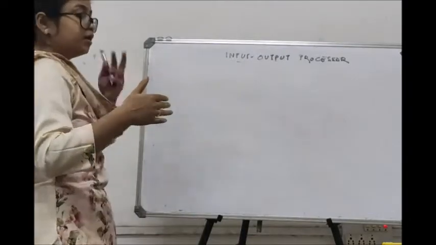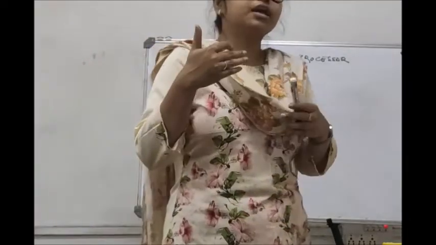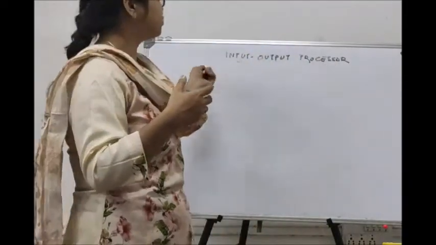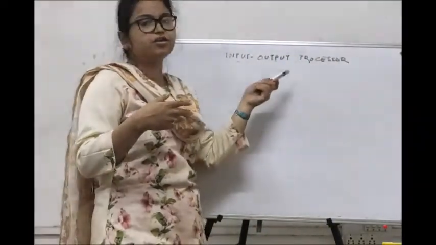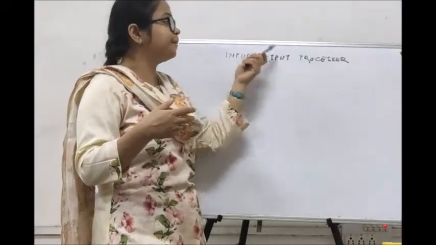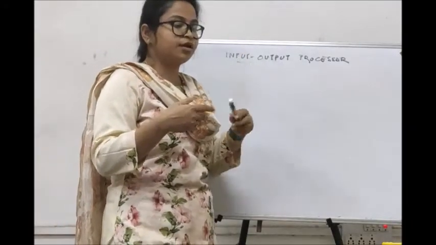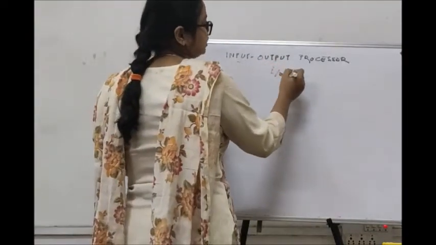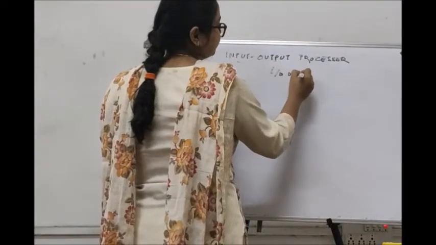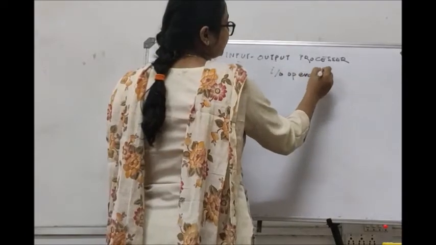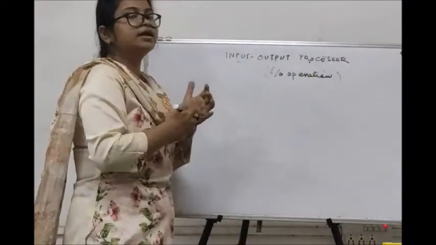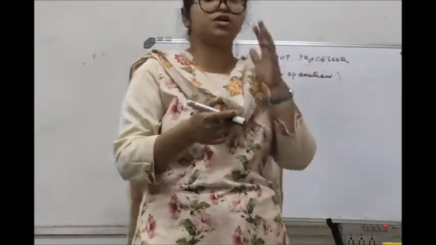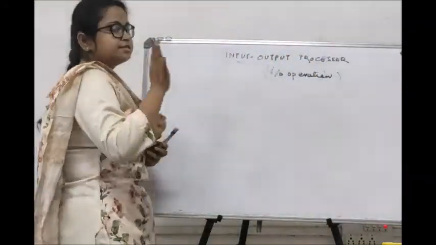It can behave as a normal processor, but the input output processor is required to do the IO operation. It is meant for IO operation, and apart from it, it can also carry out other arithmetic and logical operations and language translation.